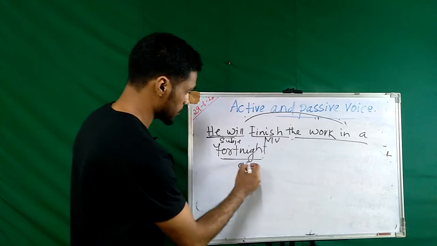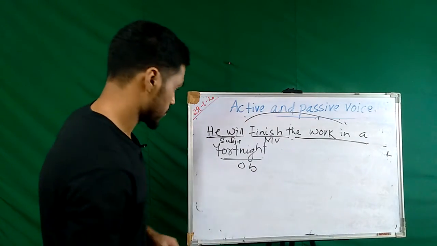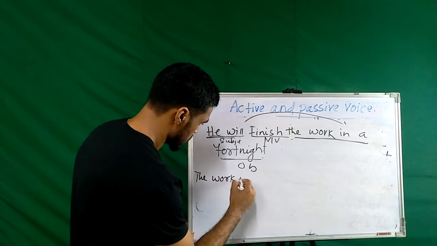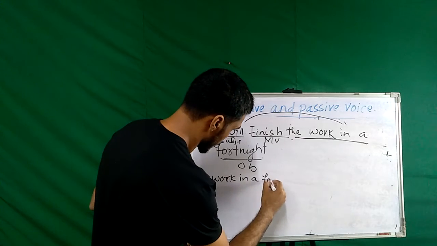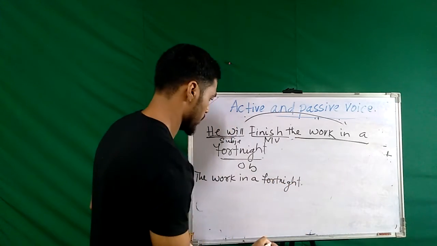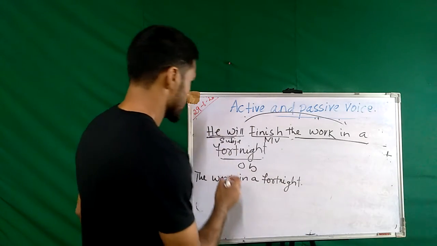So, what is the object here? The work in a fortnight is the object. So, let us write the work in a fortnight, and let me write he, right?